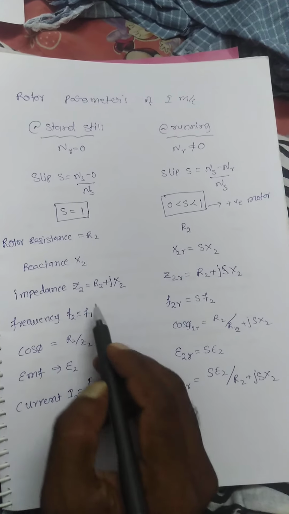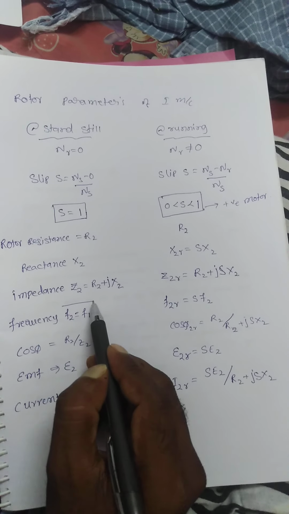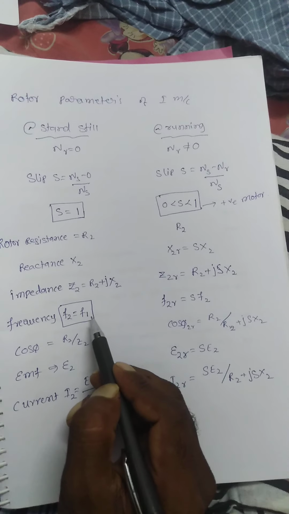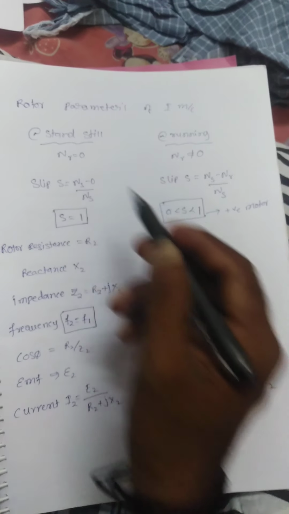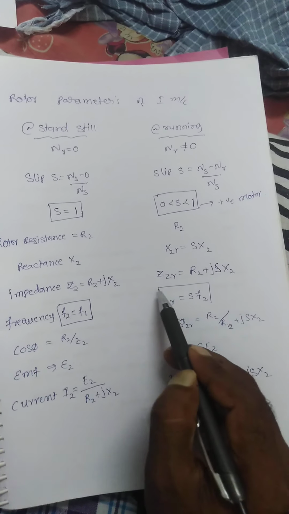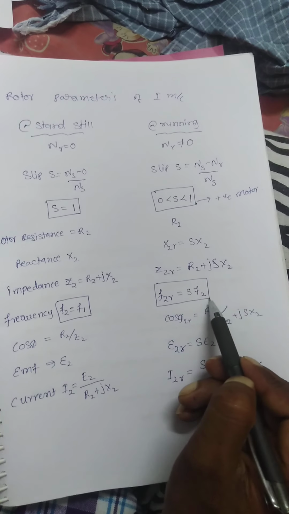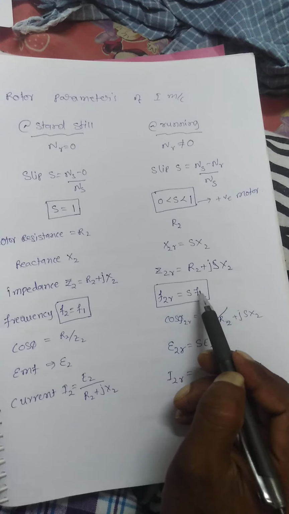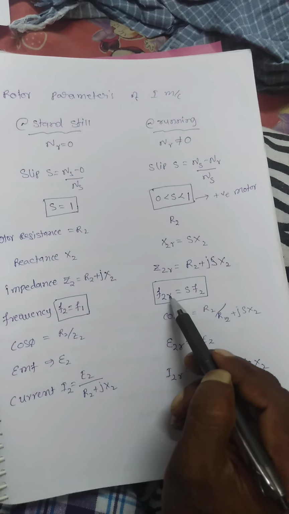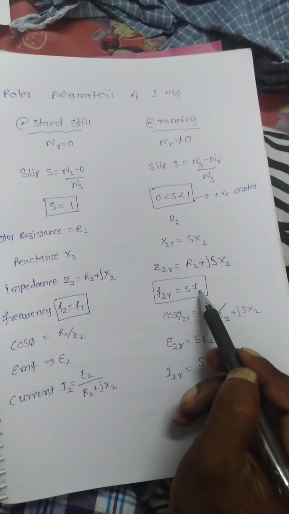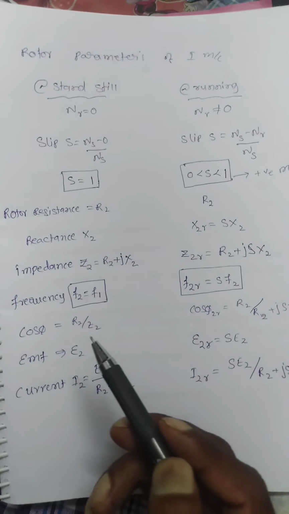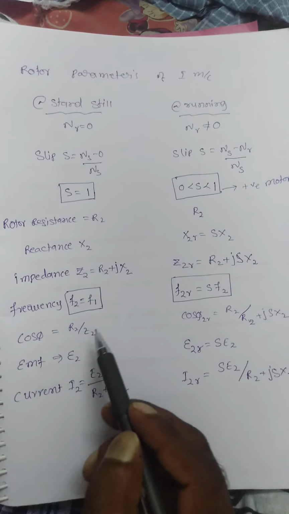Here is one more very important topic: f2 is the rotor frequency, and it is the same as the stator frequency under standstill condition, but under running condition the rotor frequency is slip times the stator frequency. Here f2 and f1 are the same at standstill. Under running condition the rotor frequency is slip times the stator frequency, and the power factor cos phi is R2 by Z2.